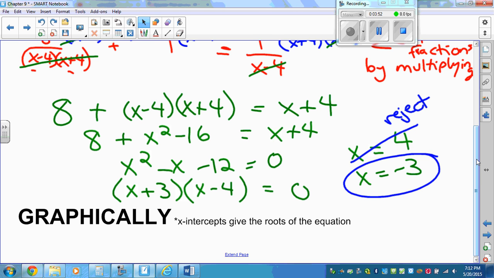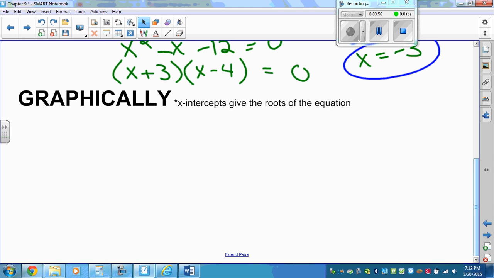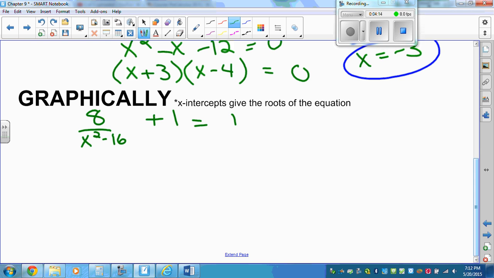Okay, so we can also do this question graphically. So when I do it graphically, there's two ways I can do it. First of all, I can put everything over to one side and graph it. So if you'll remember, I had 8 over x squared minus 16 plus 1 equals 1 over x minus 4.